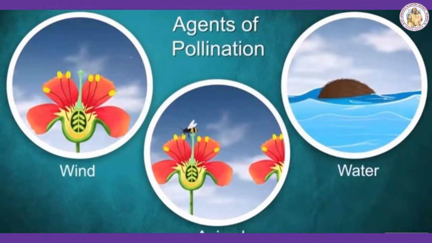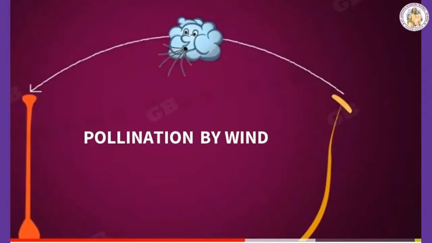Agents act only in cross-pollination. The pollen should be carried from one plant to another of a different plant. It takes place through agencies like animals, insects, wind and water. These are known as agents of cross-pollination. Pollination by wind.